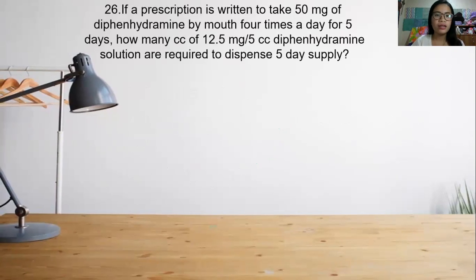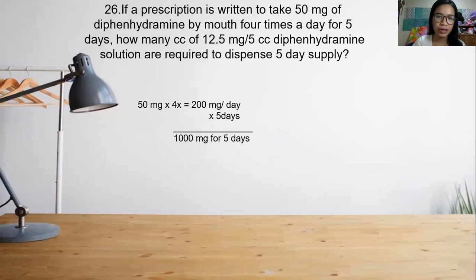Next problem. If a prescription is written to take 50 mg of diphenhydramine by mouth 4 times a day for 5 days, how many cc of 12.5 mg per 5 cc diphenhydramine solution are required to dispense a 5-day supply? So 50 mg times 4 times a day equals 200 mg per day.